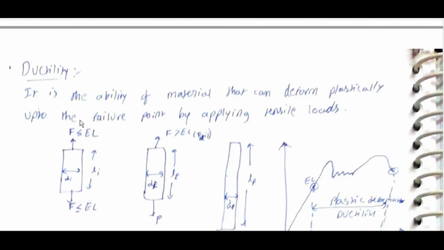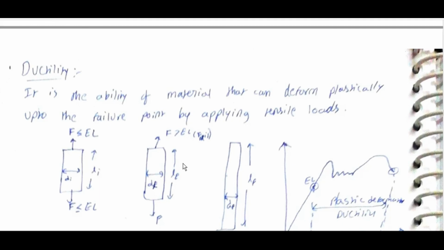Ductility is the ability of a material to deform plastically up to the failure point by application of tensile loads. F less than or equal to elastic limit gives elastic deformation.